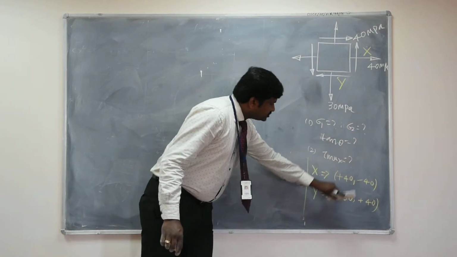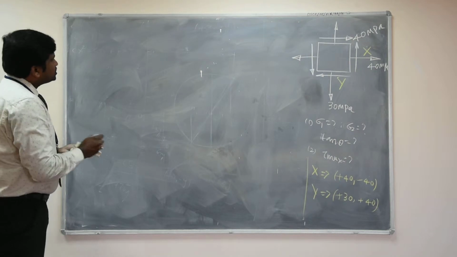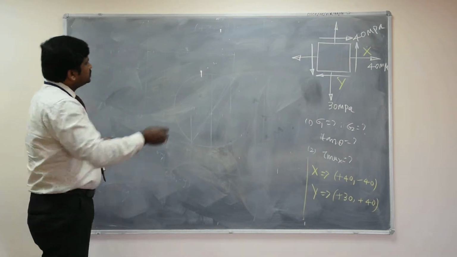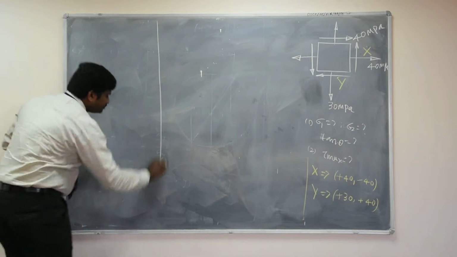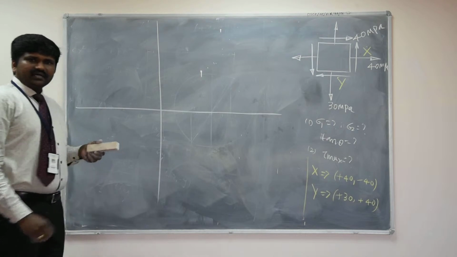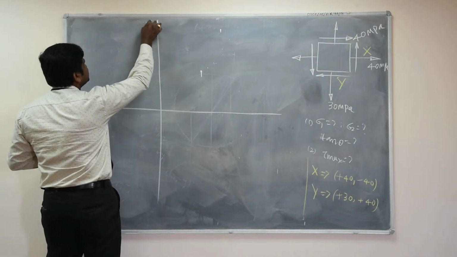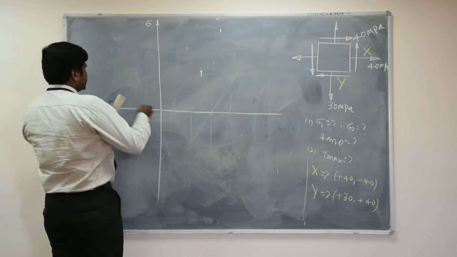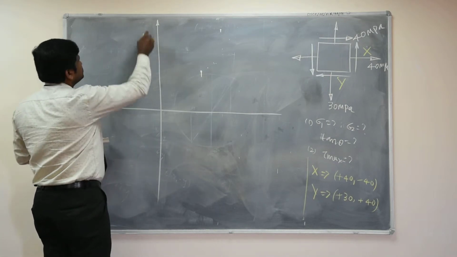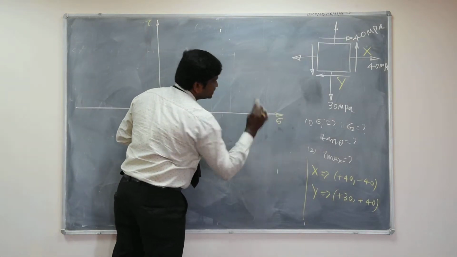Now just locate these coordinates in a rectangular Cartesian coordinate system. Cartesian coordinate system means you have to draw this on a graph sheet. Take the graph sheet, and in the graph sheet you locate the axes like this. You know what is this? This is sigma axis. Sorry, this is not sigma, this is tau axis. This is tau, this is sigma axis.